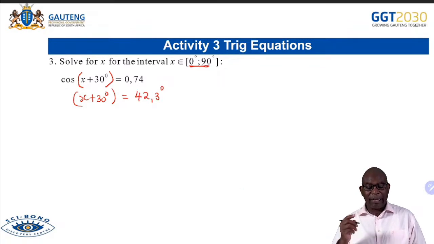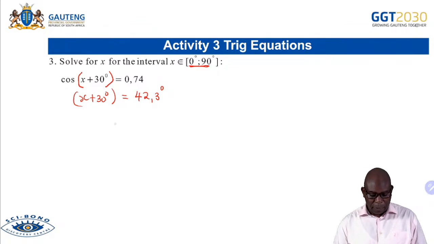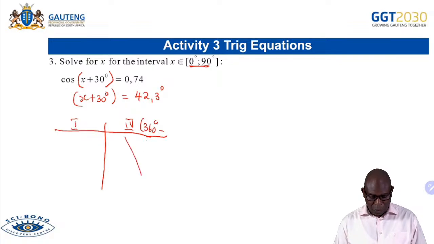Then I know it's in the first quadrant, so I don't have a problem. It is also positive in the fourth quadrant, but we need 360 degrees minus, which is not going to work for me in this case. So only in the first quadrant I can get x plus 30 equals 42.3 degrees.